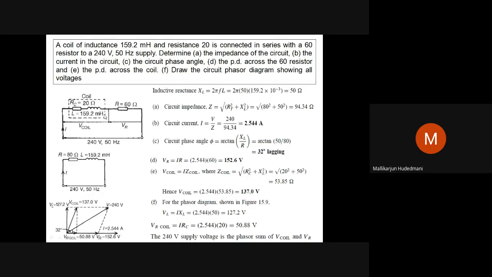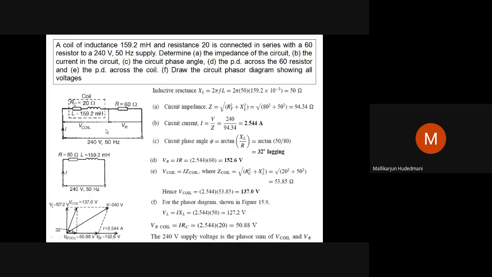This coil, having parameters 20 ohms and 159.2 millihenry, is connected in series. This coil is in series with another resistor, 60 ohm. Can you see here? The whole combination is connected across 240 volt, 50 hertz. Determine the impedance of the circuit.